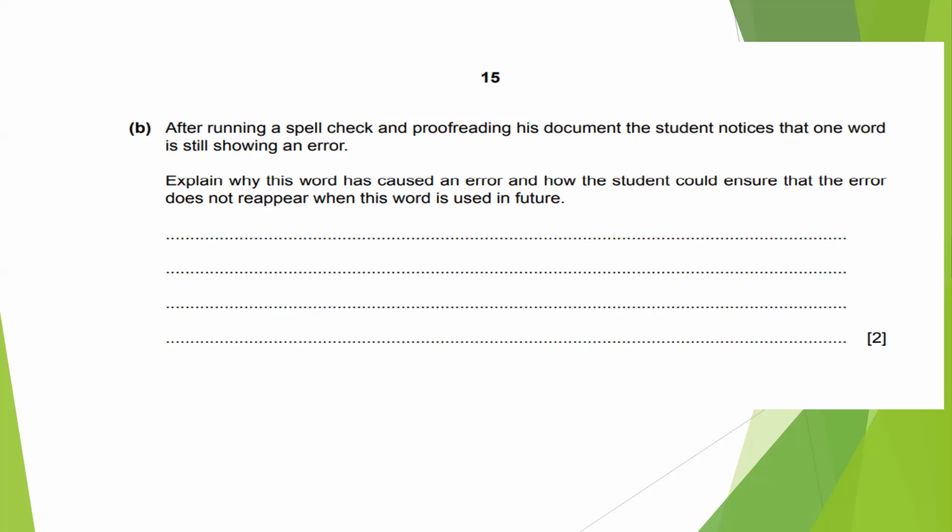Explain why this word has caused an error and how the student could ensure that the error does not reappear when this word is used in future. He can look for the red underline under the text. He can right click it and click on correct spelling, and then it will get corrected.